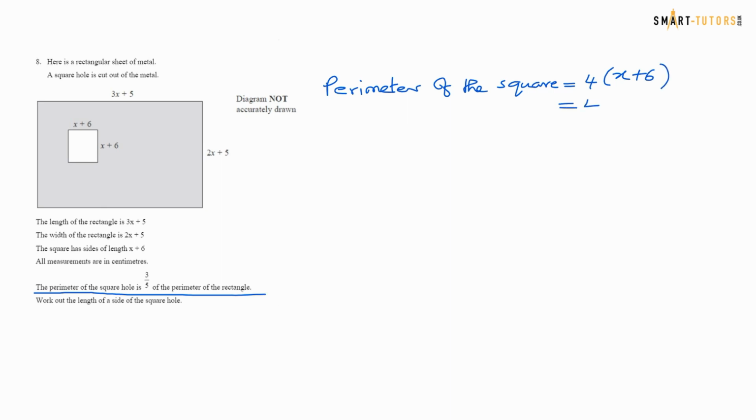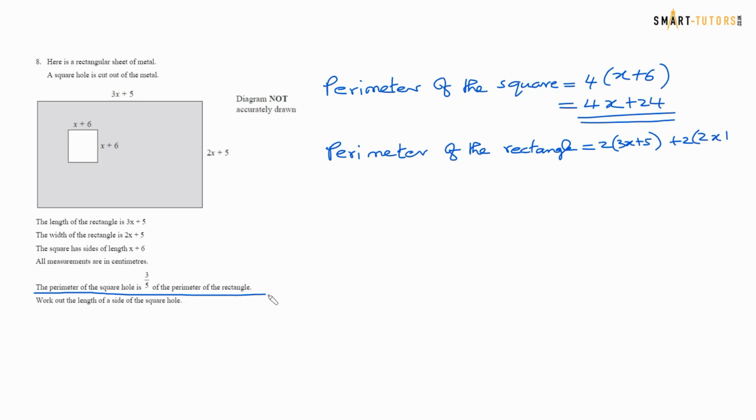So 4x plus 24 is the perimeter of the square, and the perimeter of the rectangle equals 2 times 3x plus 5 plus 2 times 2x plus 5.